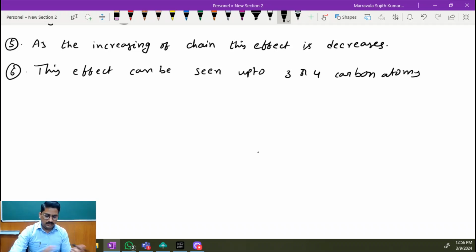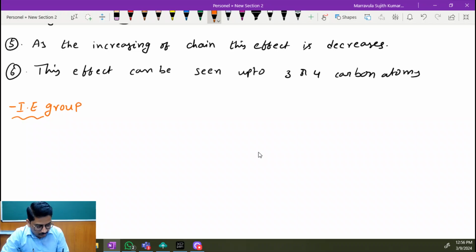So okay, we can discuss what the minus I groups are. This effect depends on the nature of the groups, groups in the sense maybe the atoms. So first of all we can discuss the minus I groups.